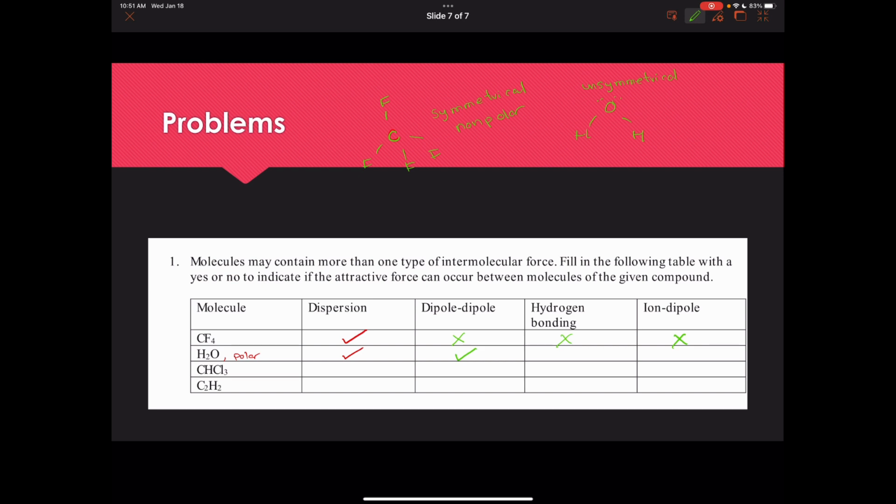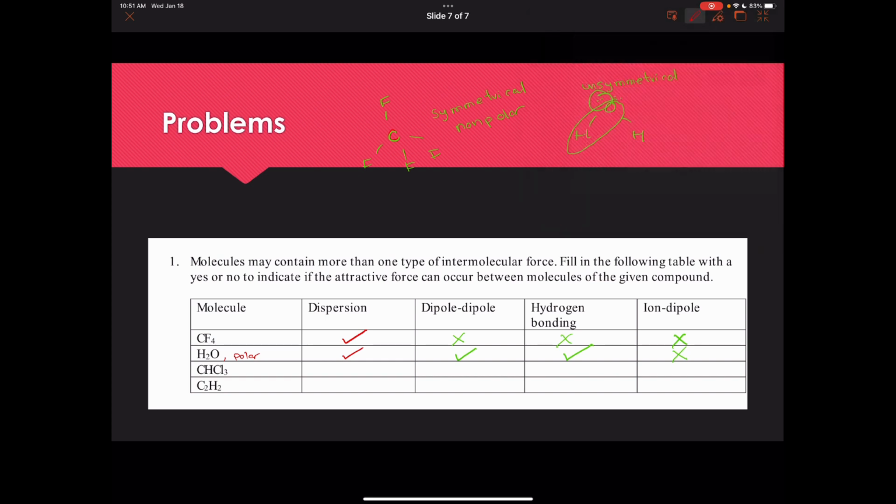And then we just looked at water as an example for hydrogen bonding. It has the oxygen-hydrogen bond. It has the lone pairs. So it meets the criteria for hydrogen bonding. So in a water molecule, we have 3 forces present. We've got dispersion, dipole-dipole, hydrogen bonding. Water has the ability to undergo ion dipole, but there's no ionic compound present, so there's no ion dipole going on right now.